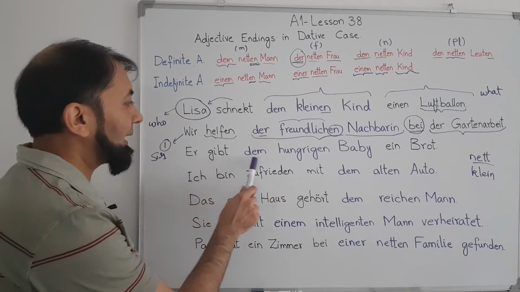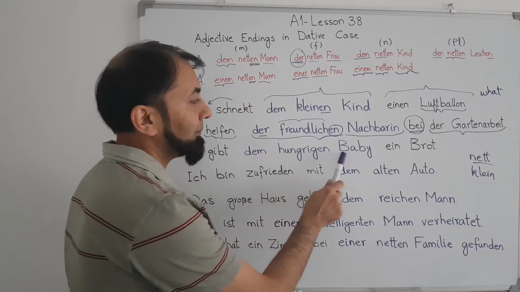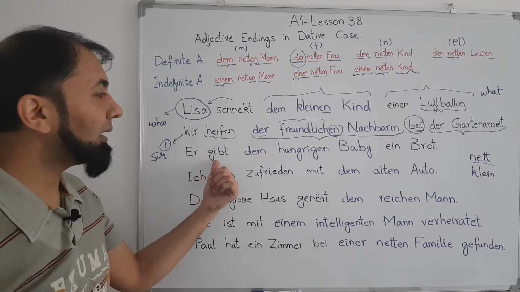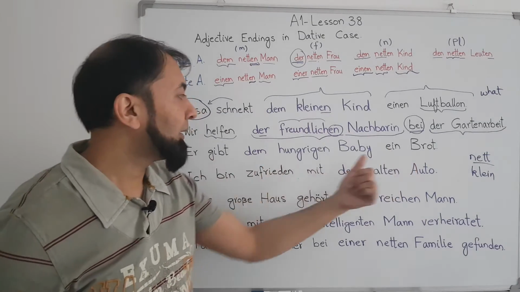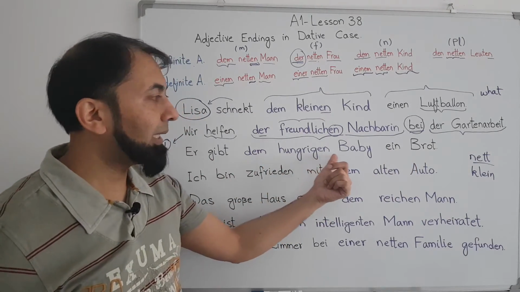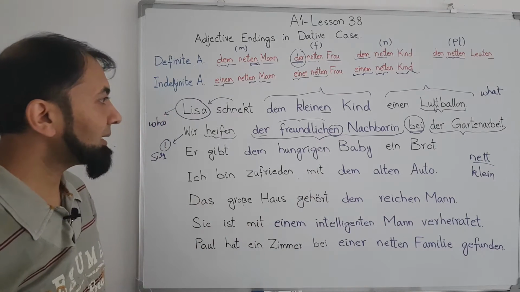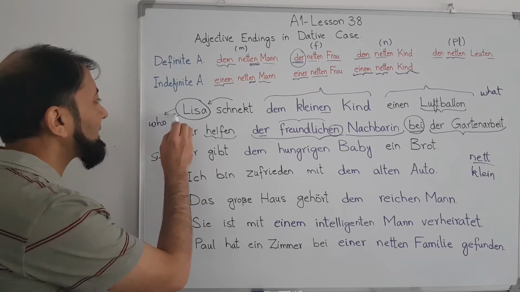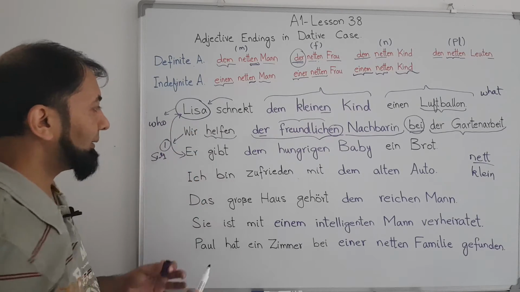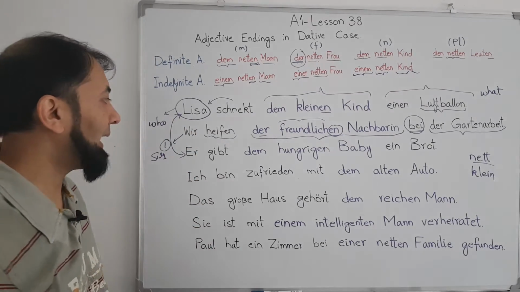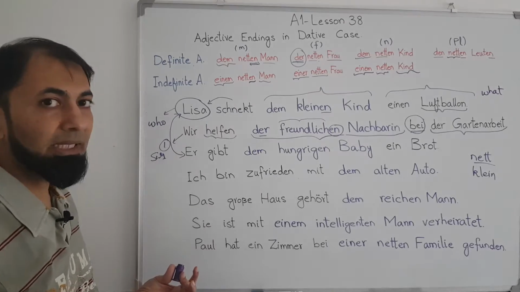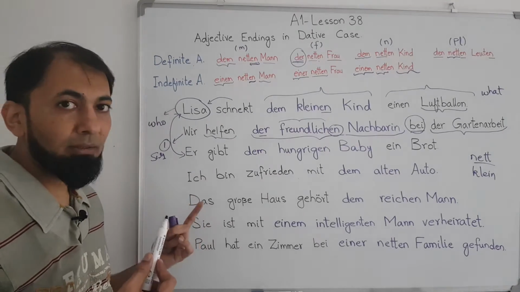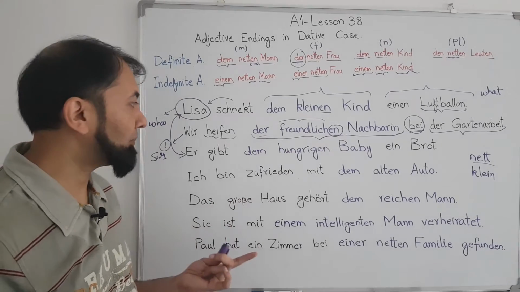Er gibt dem hungrigen Baby ein Brot. He gives a bread to the hungry baby. Now if you compare this sentence with the first example, they are exactly the same as far as the structure of the sentence is concerned, but we are using a different subject, object and indirect object.